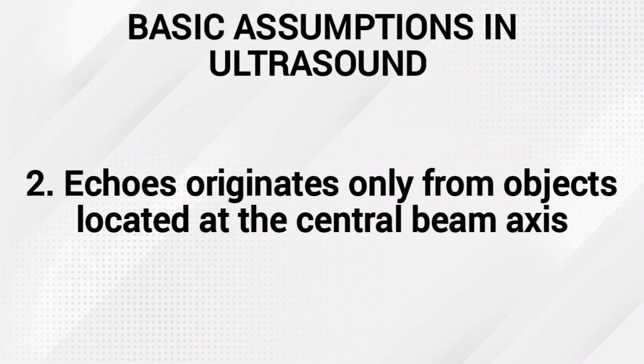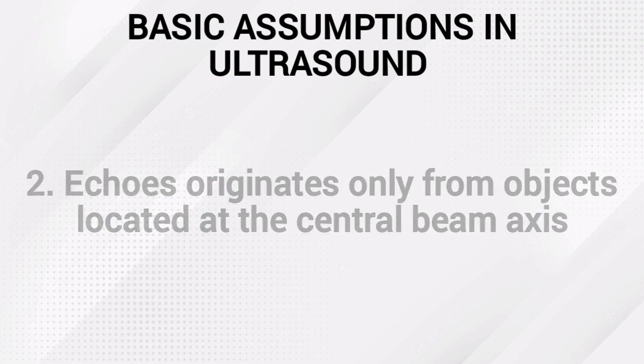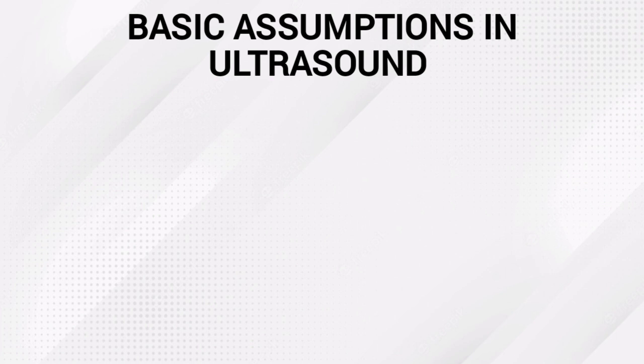Number two, echoes originate only from the object located along the central beam axis. That assumption also is not true. Echoes may originate from anywhere in the beam cross-section, including the edge of the beam. Echoes may also originate from side lobes.